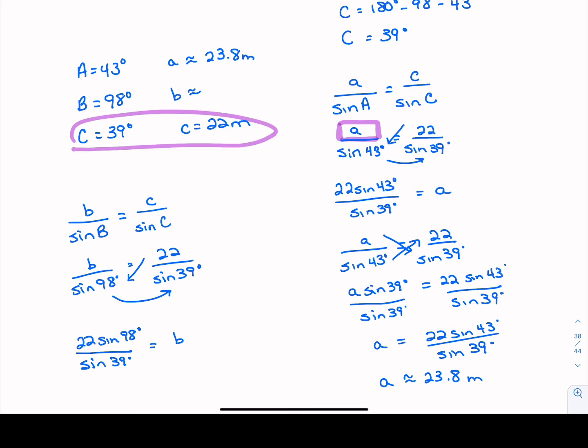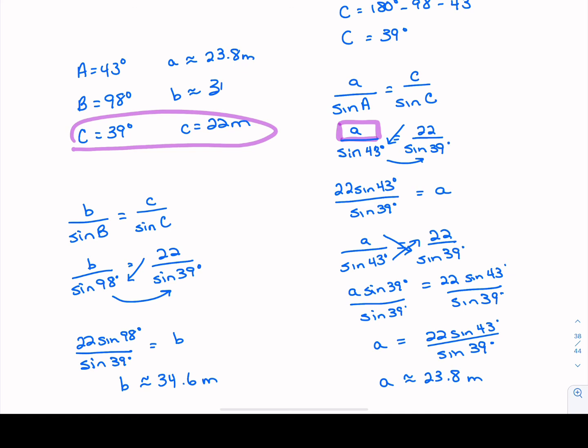Any method from here is appropriate as long as you're using brackets correctly and you're being very mindful of whether or not you're using sines or side lengths. So 22 times the sine of 98 degrees divided by the sine of 39 degrees. So you literally type what you see. You'll get a B value of approximately 34.6 meters.